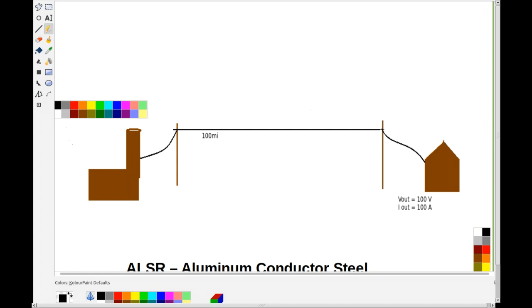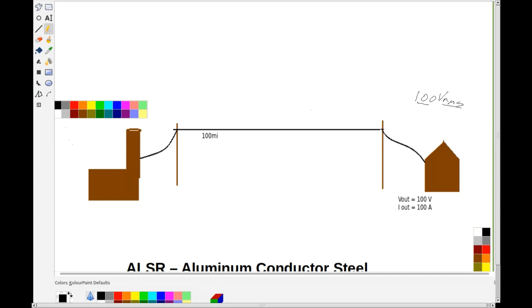So I've simplified it a little bit here. Over at my house, I have 100 volts. Really, it's more like 120 volts, but we're going to say it's 100 volts RMS, because I just like these round numbers.